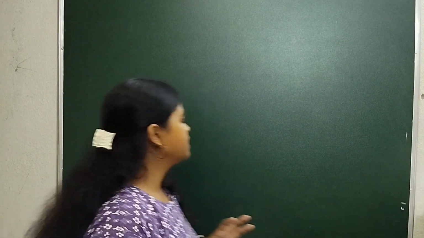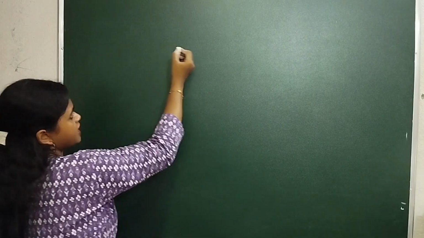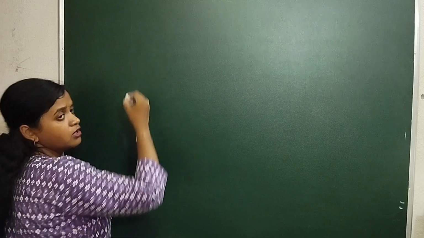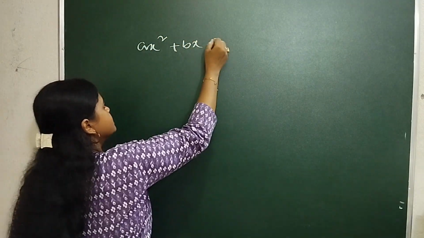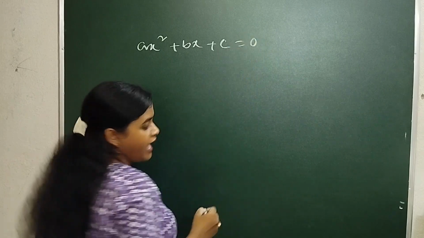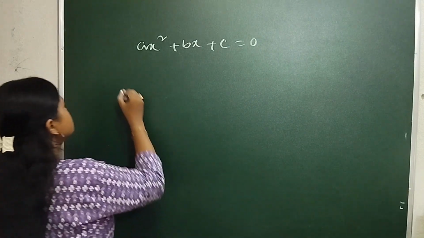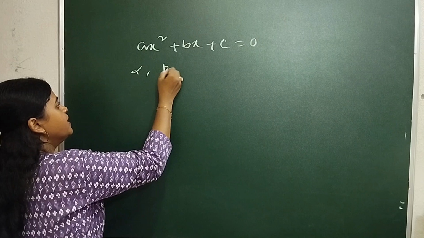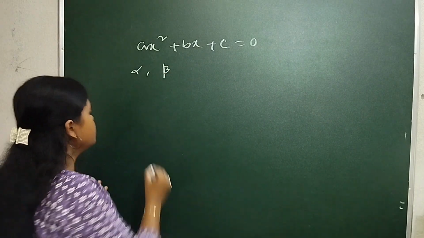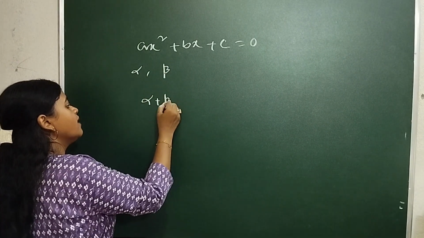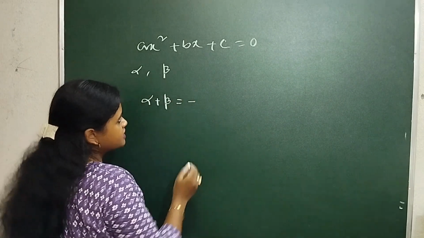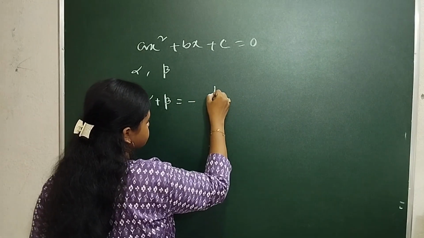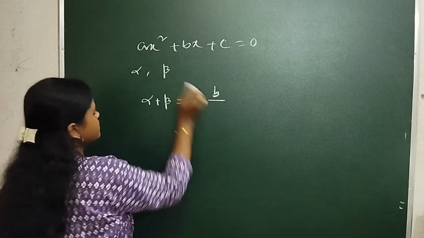Now, if I summarize the topic, we can write. So let us assume a standard quadratic equation ax square plus bx plus c equals to 0, and its roots are, suppose, alpha and beta. So sum of the zeros means alpha plus beta, equals minus of the coefficient of x, that means b, by the coefficient of x square, that means a.